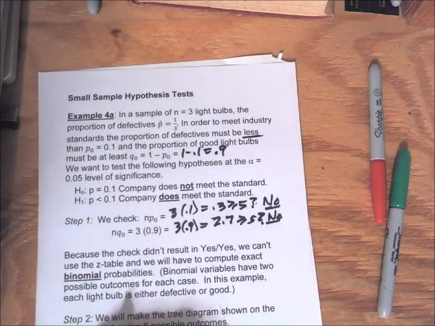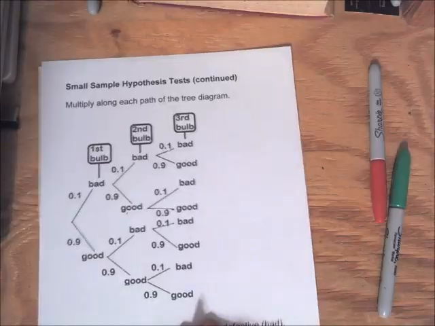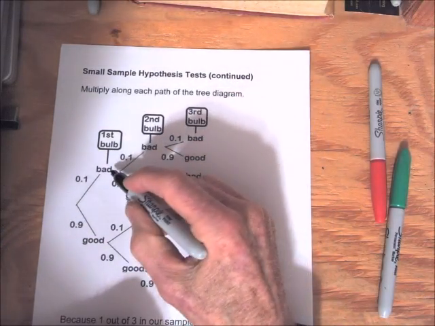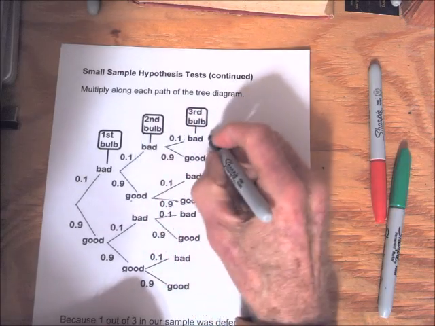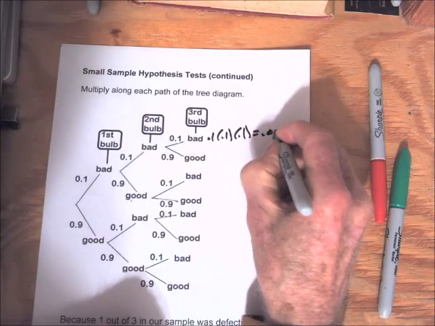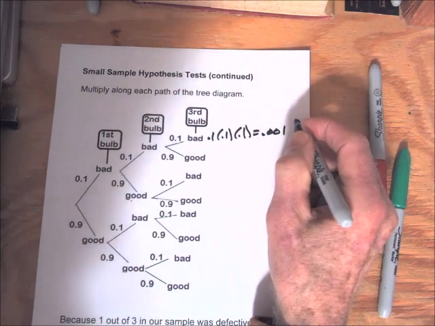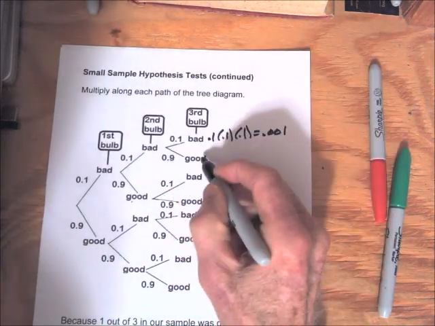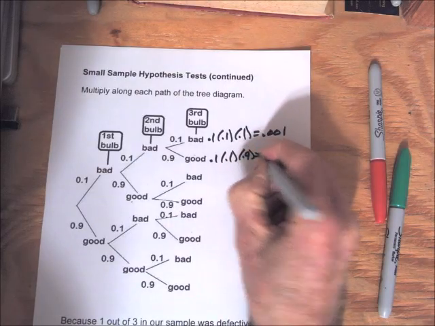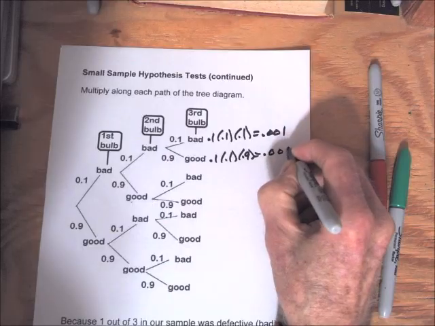Here's our tree diagram. We multiply as we go across the tree. The top path, we have 3 bad light bulbs, 0.1 times 0.1 times 0.1, 0.001. That's 3 bads. Then we have 2 bads followed by good, 0.1 times 0.1 times 0.9, it's 0.009.